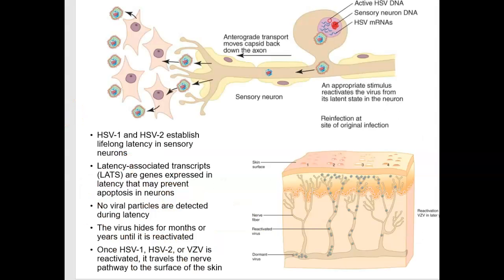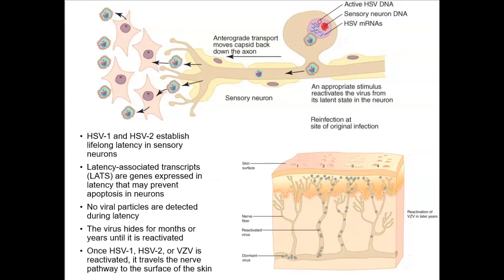Okay, and this is just a good diagram from your book, demonstrating that after you experience some sort of stress, you're going to get some viruses. They're going to travel back down the axon, and they're going to get into the epithelial cells.